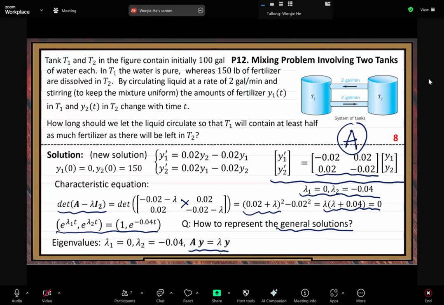From our original equation, we can derive this equation. So remember our original equation: y prime, the vector, equals A times y.